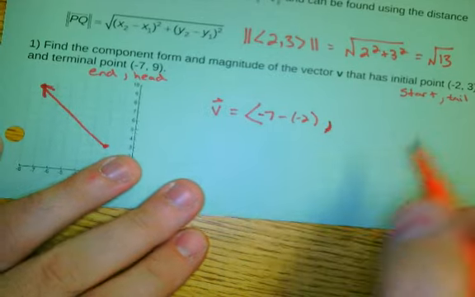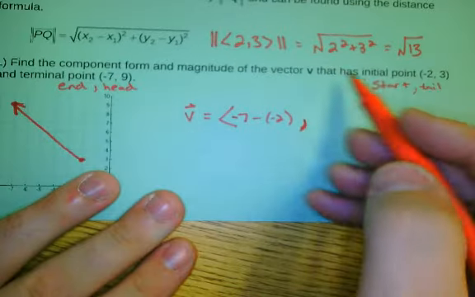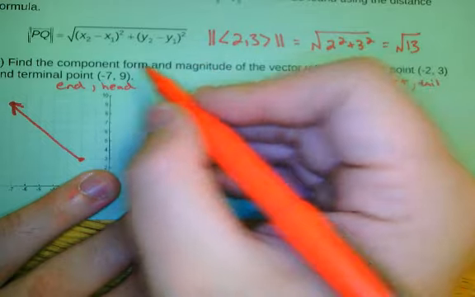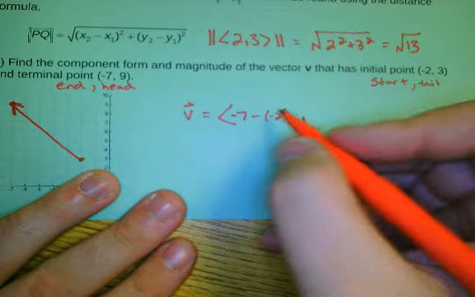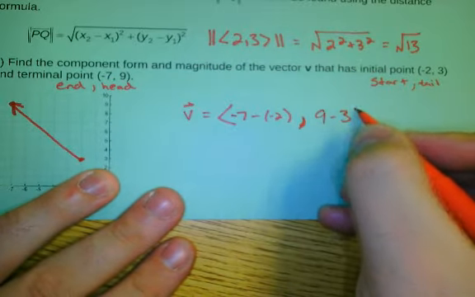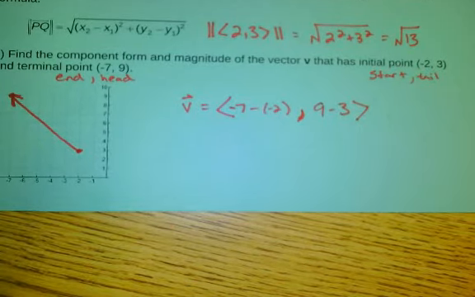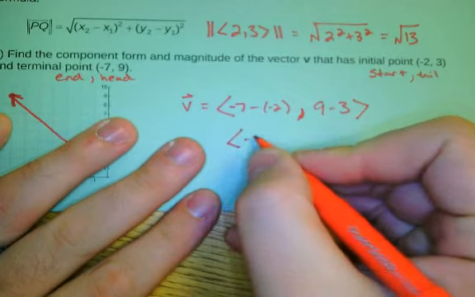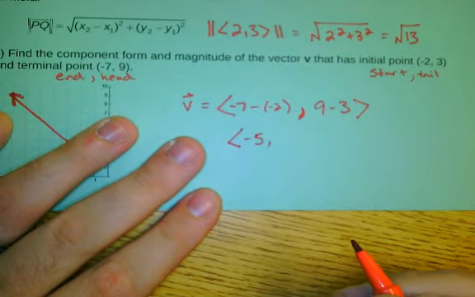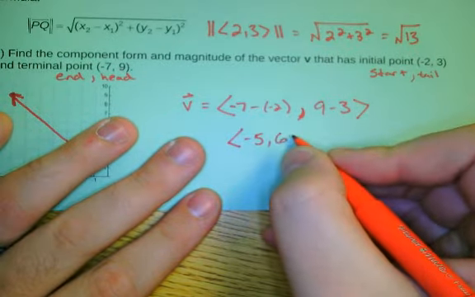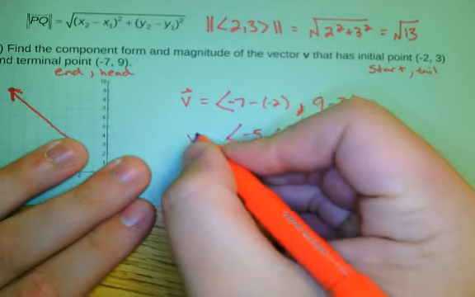That's for the horizontal, so -7 minus -2, and then we're going to do 9 minus 3. So what is -7 minus -2? -5, comma 6. So this is my vector v.